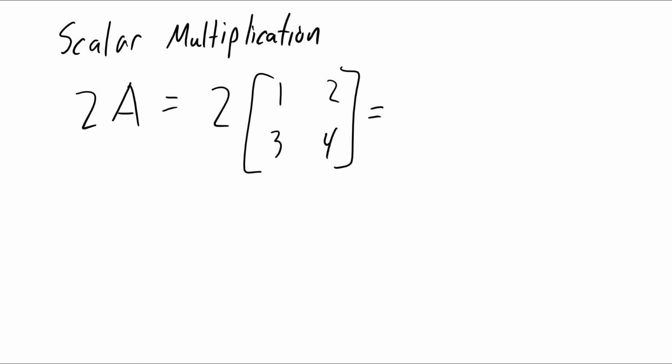If we multiply matrix A by 2, we really just multiply every element by 2. We're kind of distributing that 2 times everything in that matrix. So we'd get 2, 4, 6, and 8. So that's scalar multiplication. We can just multiply a matrix times a constant and get our answer. You can do this in the calculator as well, although it's not terribly difficult to do by hand. But that's scalar multiplication. All right, now let's look at matrix multiplication.